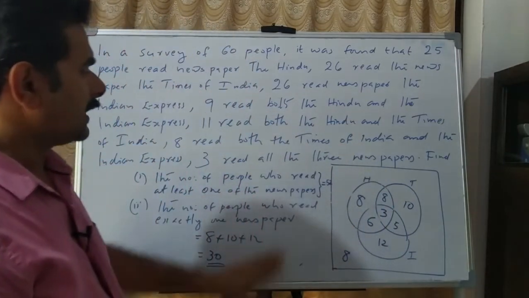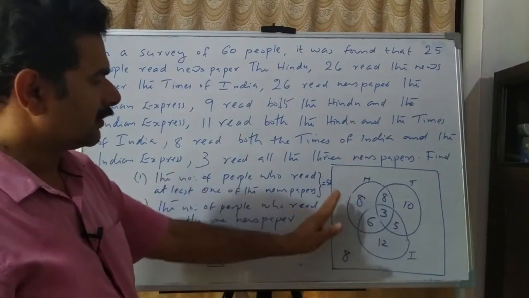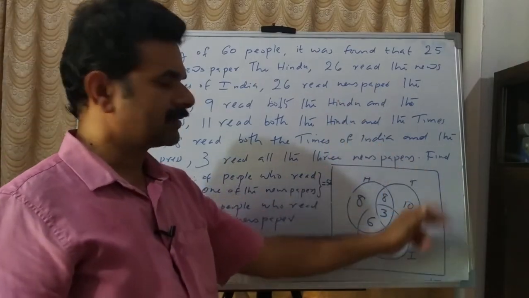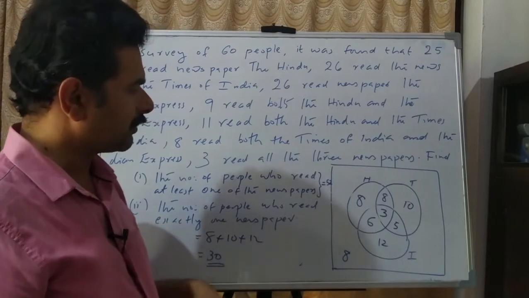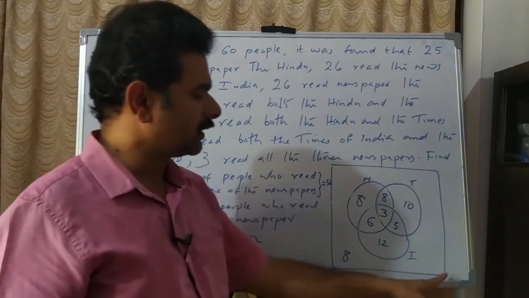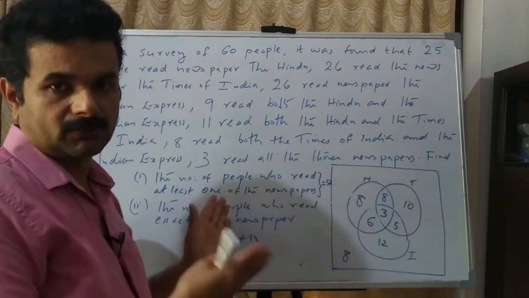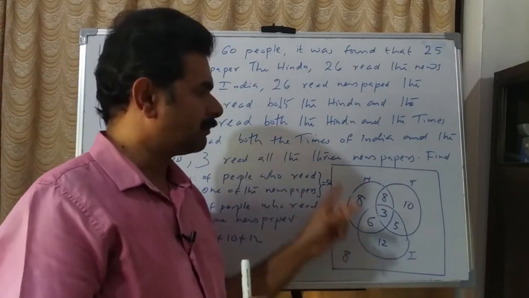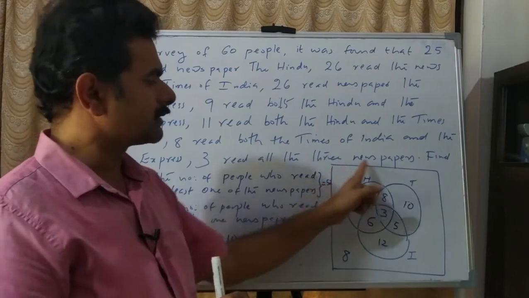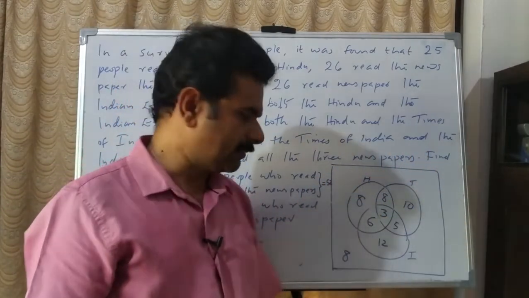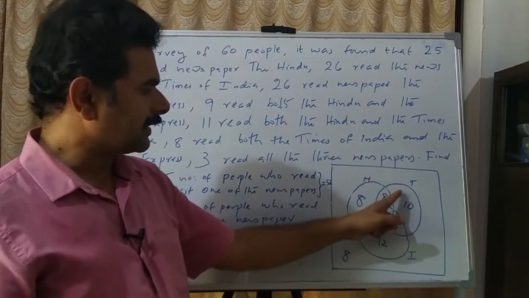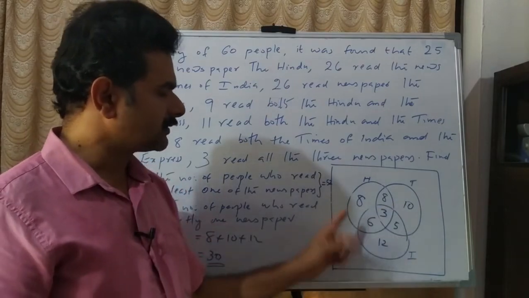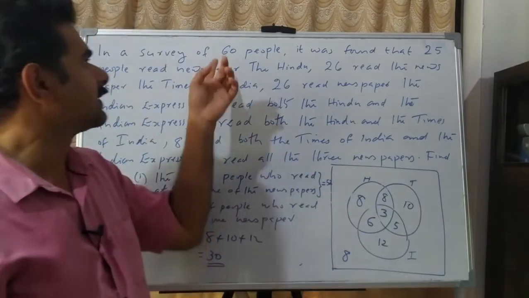So the answer is very simple, and we are finding the answer by using a Venn diagram. So also we have seen the importance of a universal set. In some questions there is no need of drawing a universal set, but for this question the universal set is very essential because after adding these 3 quantities we got only 52, but it is given as 60.